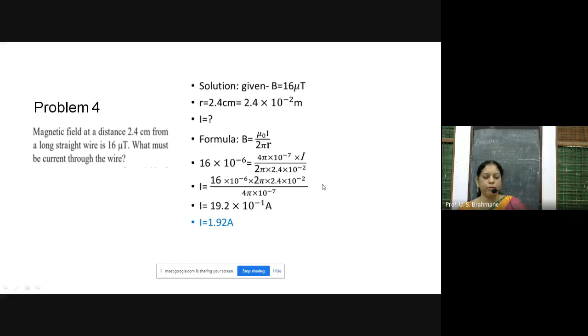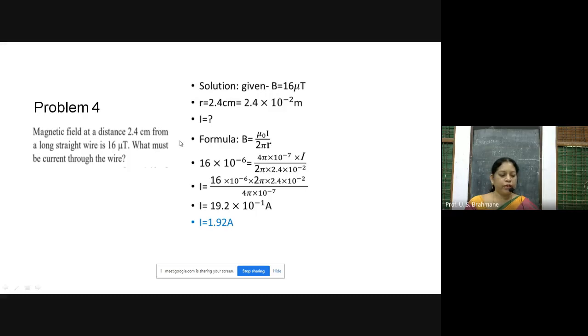The fourth problem: the magnetic field at a distance 2.4 centimeter from a long straight wire is 16 micro Tesla. What must be the current through the wire? So what is given? First write down, children.